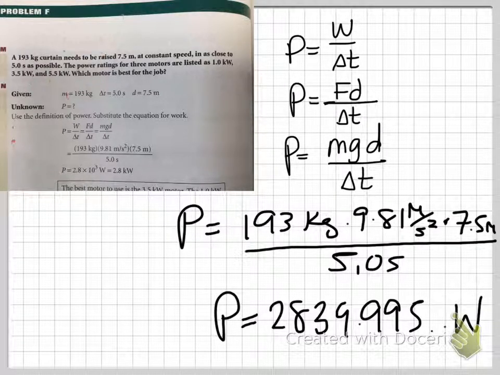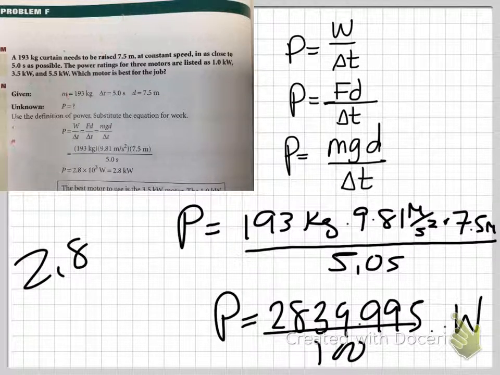Let's get a run. Okay, so we get 2,839.99, etc. Gives us 2.8 kilowatts if we divide by 1,000. So we get a 2.8 kilowatt motor. We'll get it there in 5 seconds.